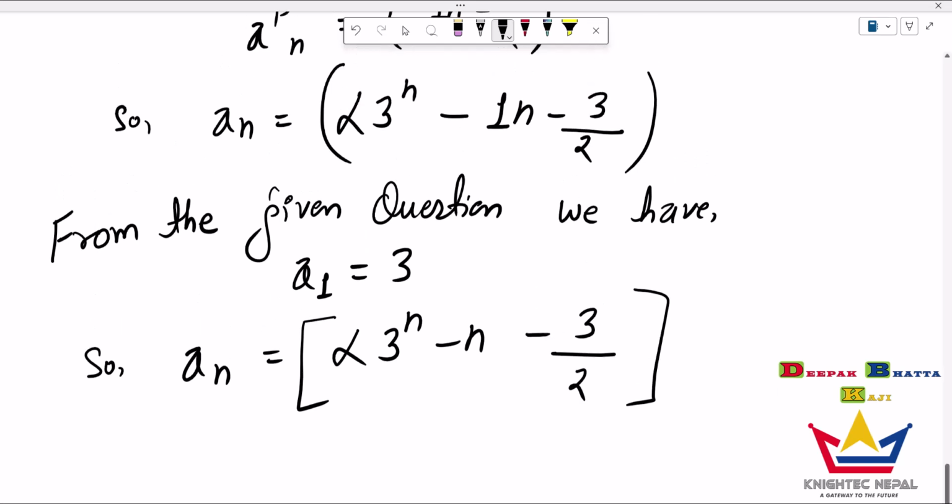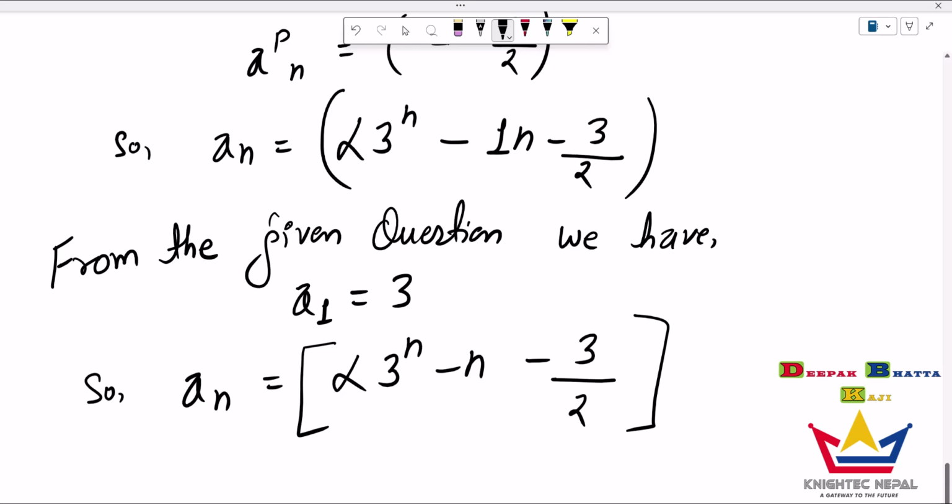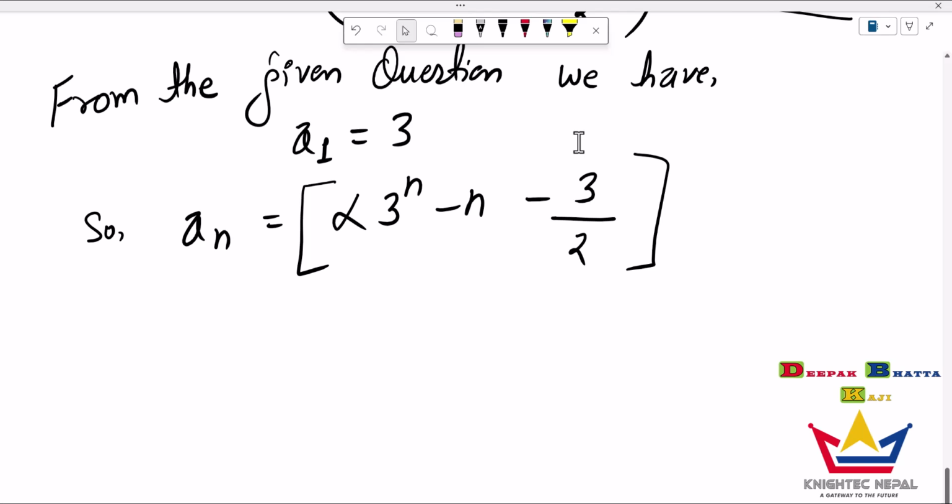So we write the same thing, 1n equals n, so minus 1n equals minus 1n. So this is the same thing. So I remove 1. So now a1.